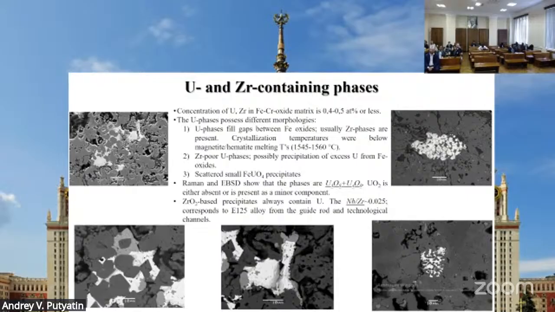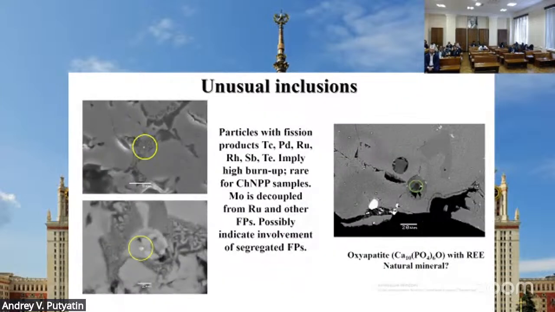And so you can observe here very interesting, from a materials point of view, features of molten hyperstoichiometric uranium dioxide. And you can have a very rich variety of different structures, which are showing different stages of the accident.